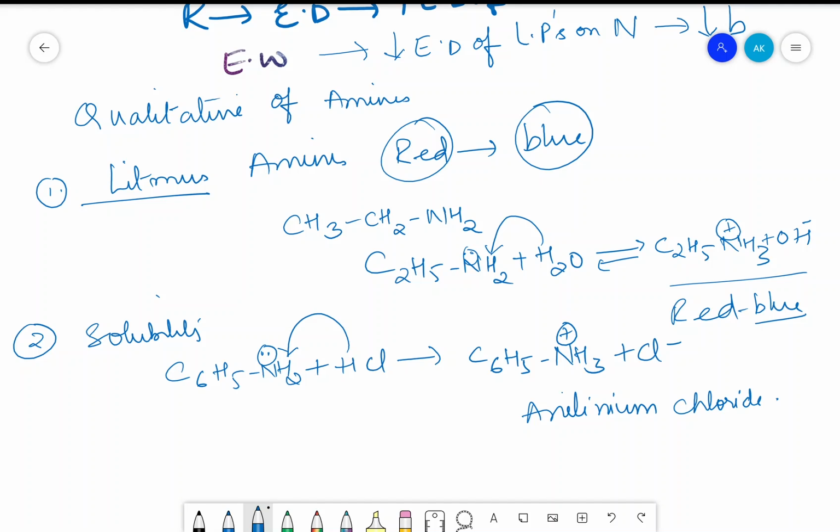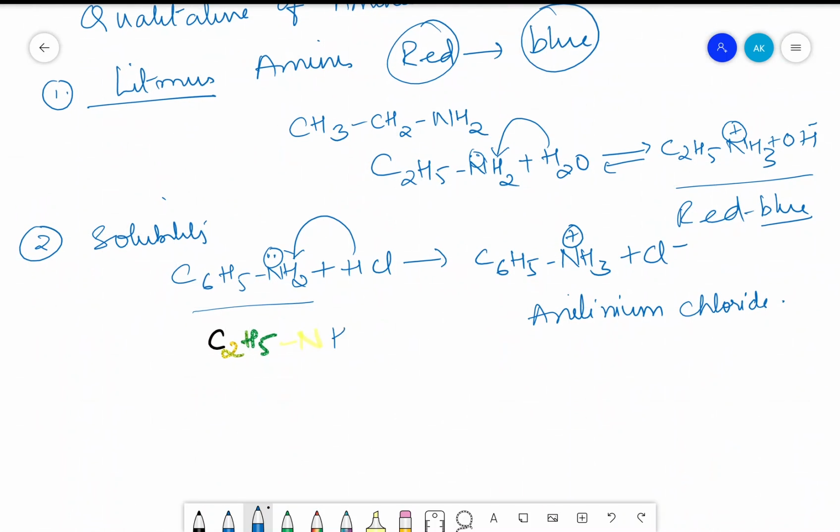This is the reaction we need. Whatever statement we are writing, we need to represent it with the reaction. Unless you do that in your exam, don't expect any marks from the evaluator. This is what you need to remember. So similarly, we can also write C2H5NH2, which reacts with HCl.